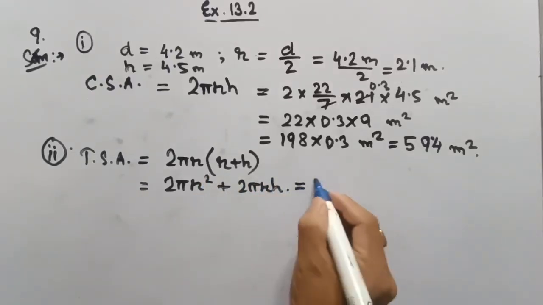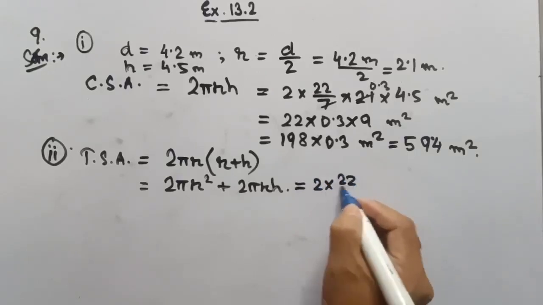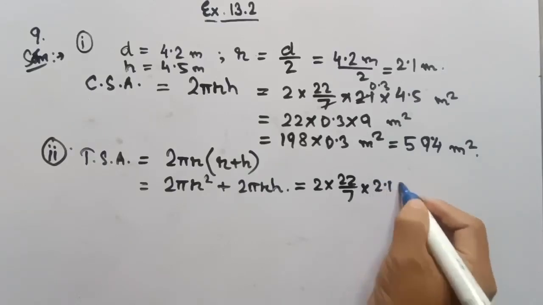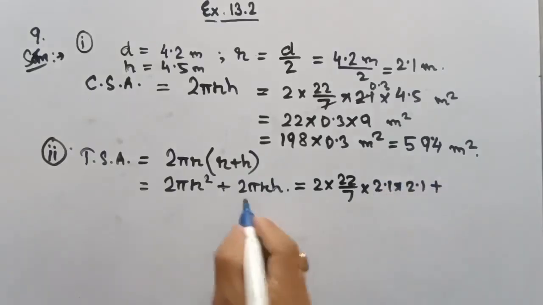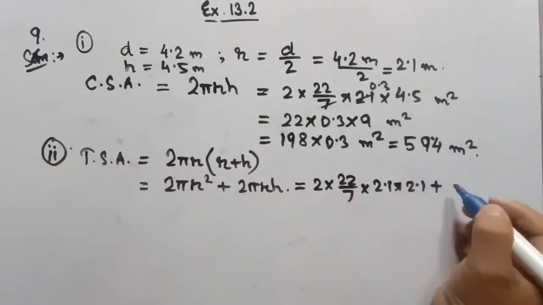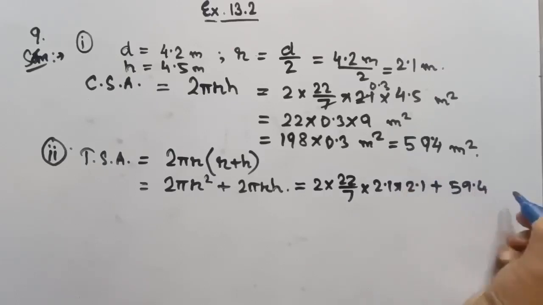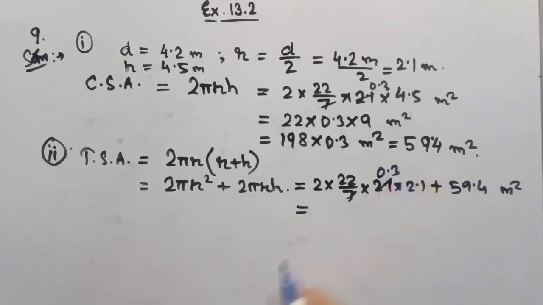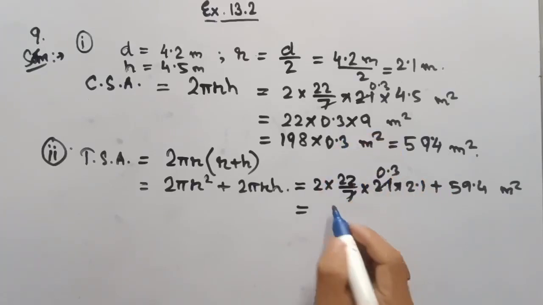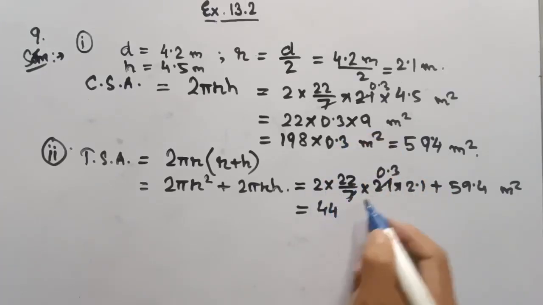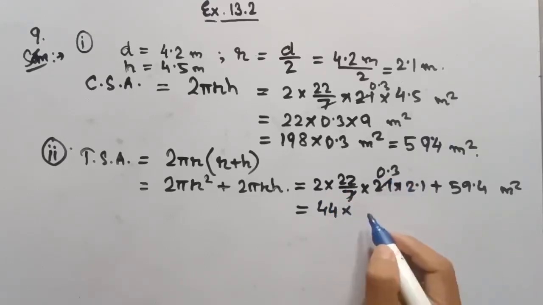This is equal to 2 into pi value 22/7 into r is 2.1, so 2.1 into 2.1, plus 2 pi r h, which is the curved surface area of the tank. So this is 59.4 and the unit will be meter square, equal to, this will be 0.3 as it is same as before. So 22 into 2 is 44 and 0.3 into 2.1 will be how much?